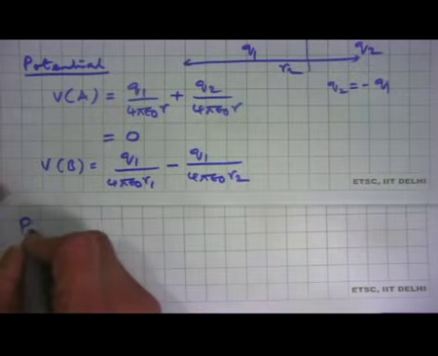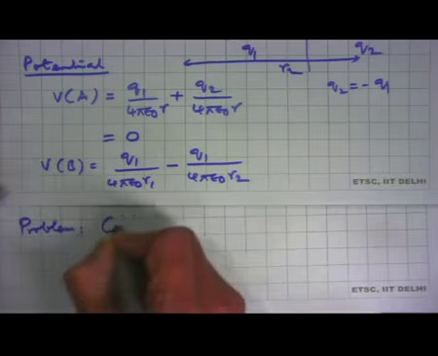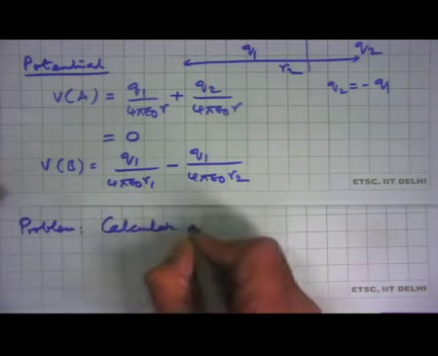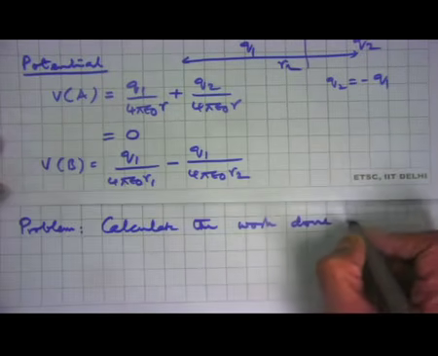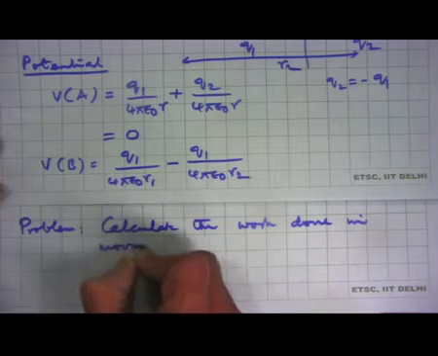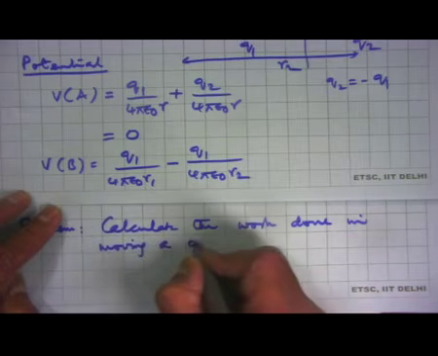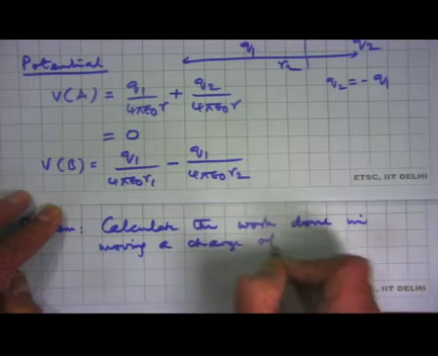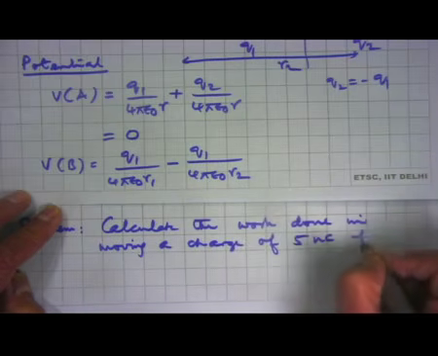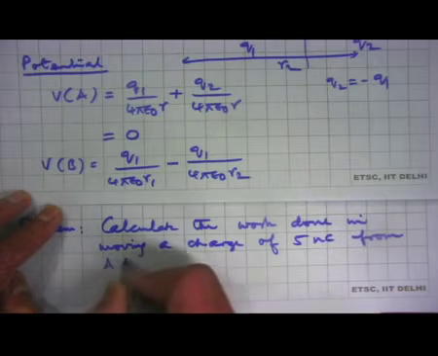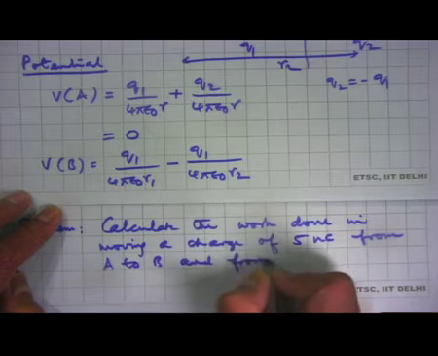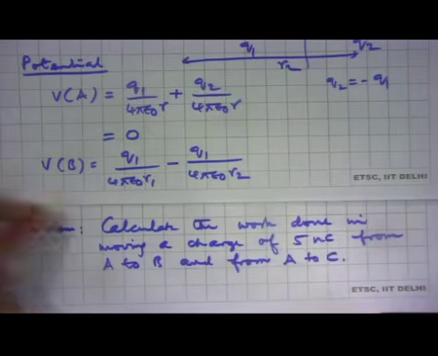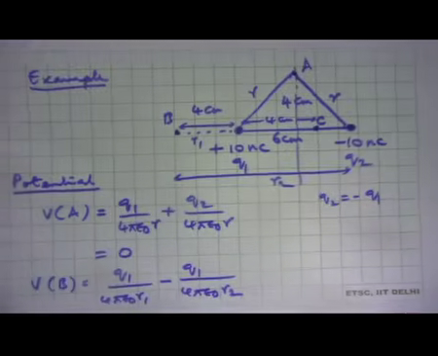Now, let me leave a problem to you. Problem: calculate the work done in moving a charge of 5 nanocoulombs from A to B and from A to C. So, I leave this exercise to you.